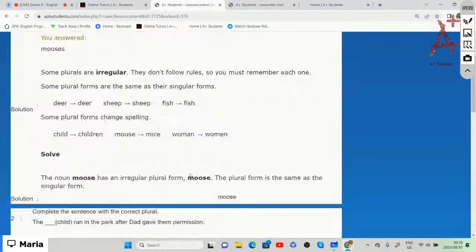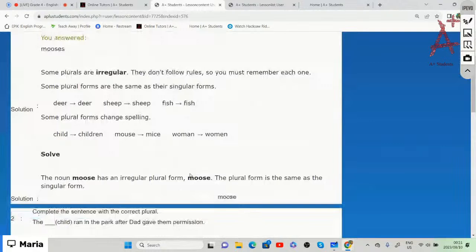One sheep and many sheep also. We don't say sheeps. And then one fish and many fish. So fish and fish stay the same.